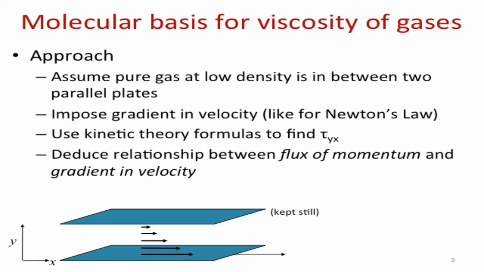The entire plate below is moving at velocity Vx, and the upper plate is kept still, and I have gas in between, an idealized gas. The simplest situation possible is the so-called kinetic theory of gases, where you can imagine bouncing balls like tennis balls, where any collisions are completely elastic.